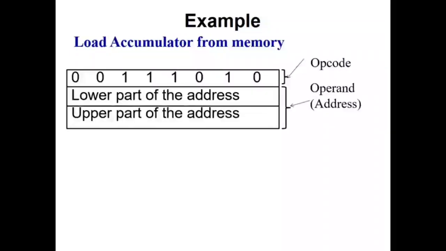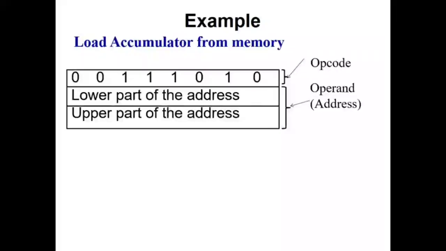And in the case of Intel 8085, the instruction register is the accumulator. So whenever I want to move data from memory to the CPU, we put it into the accumulator.